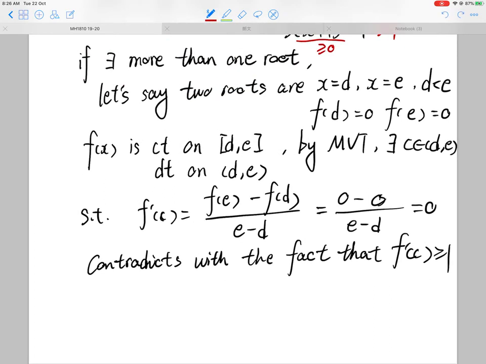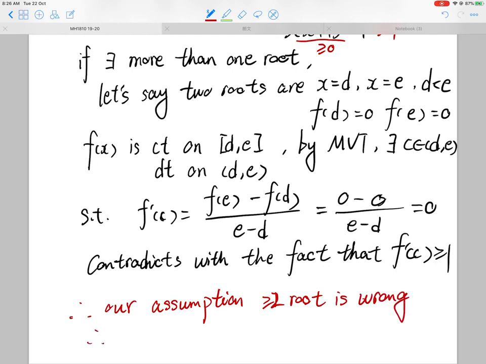So our assumption is wrong. Having greater or equal to 2 roots is wrong, which means f(x) equals 0 has at most 1 root.